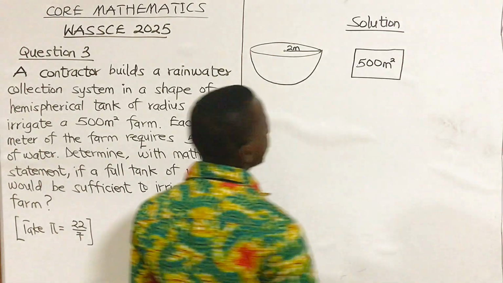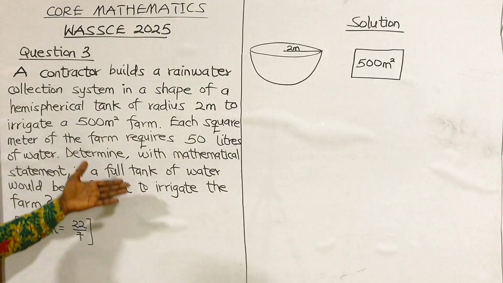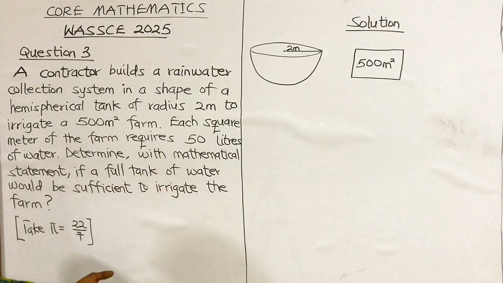meter squared. All right. Each square meter requires 50 liters of water.